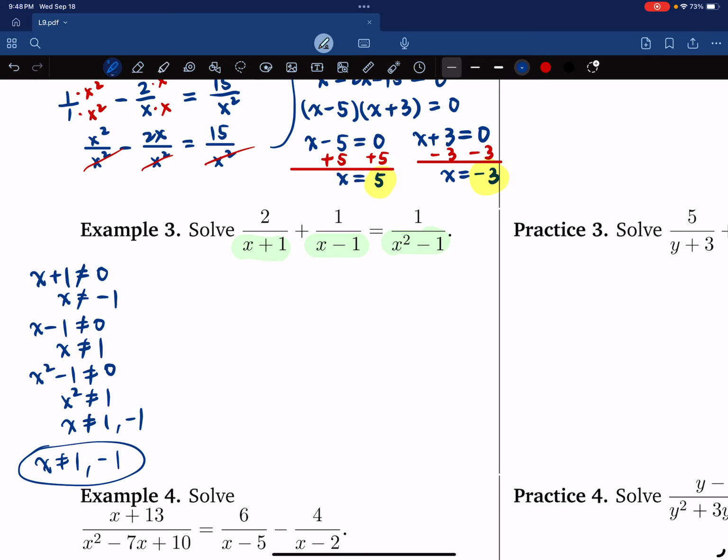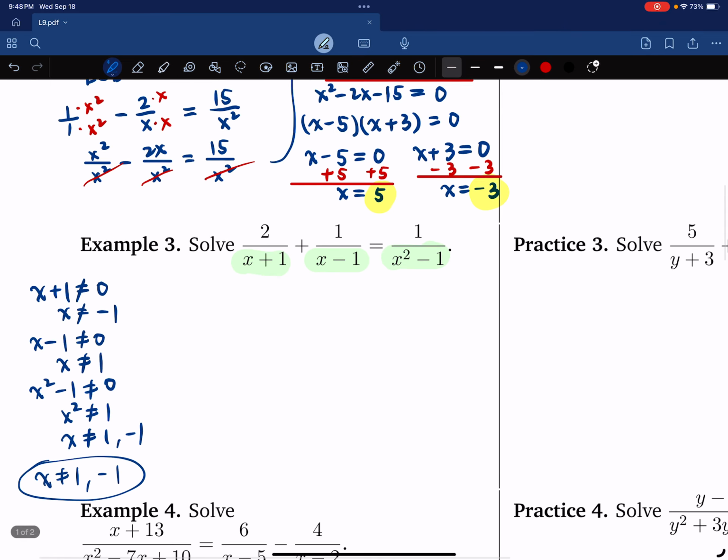Okay, next we need to find the LCD. So let's factor all these denominators. x plus 1 is just x plus 1. x minus 1 is just x minus 1, and I need to vertically match these factors, so I'm going to put it right here. x squared minus 1, we're going to use the formula for a squared minus b squared.